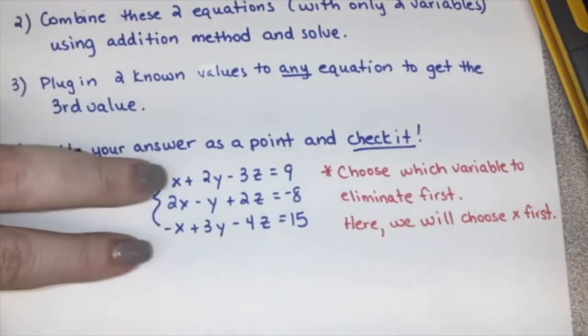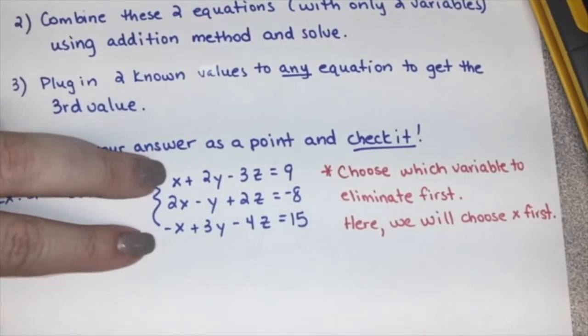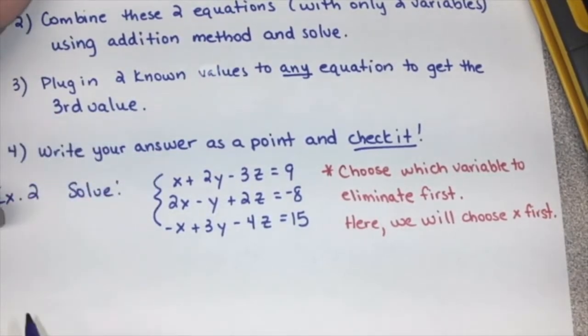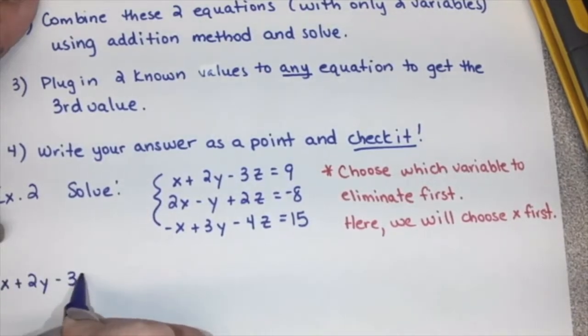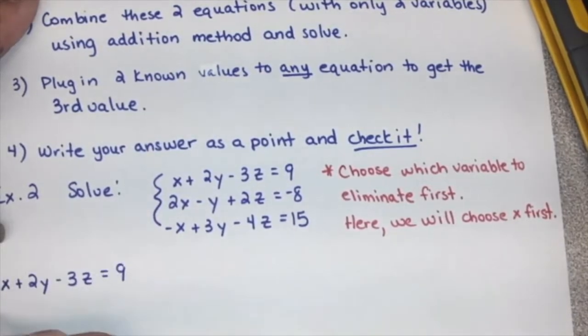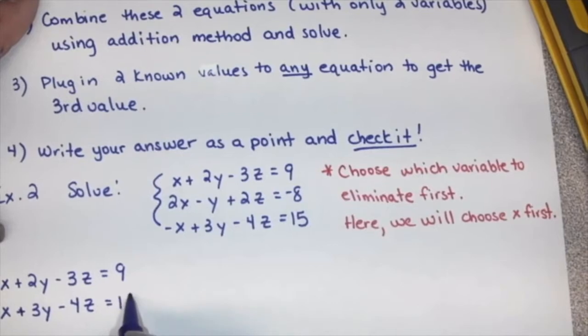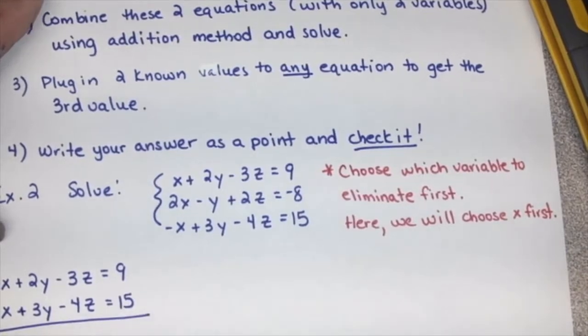Look at the first and third equations. What do you already notice about x? That's actually the reason I picked x. If you just line up the first and third equations, the x's are going to get eliminated, right? That'll be the first half of the first step.